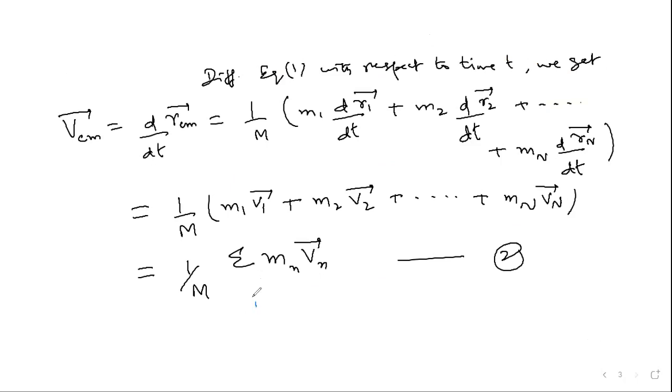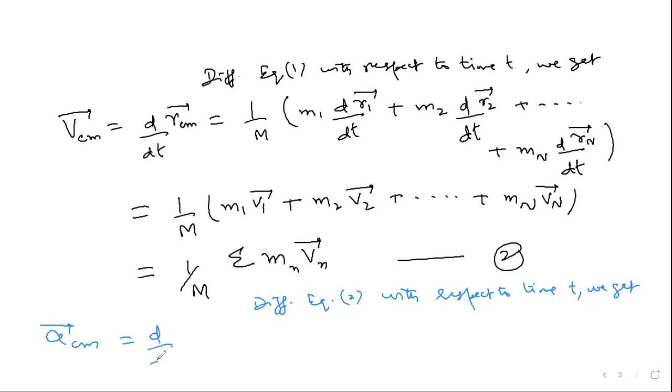I write: differentiating equation second with respect to time t, we get ACM vector, acceleration of center of mass, d by dt of VCM, which is 1 over m.